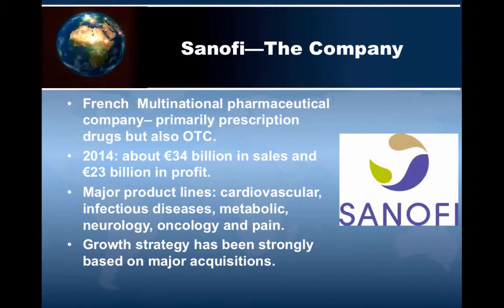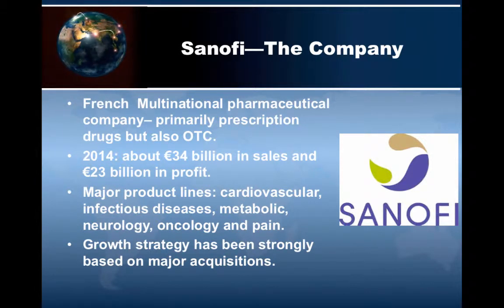Today's episode is about Sanofi, the company, which is a French multinational pharmaceutical company, primarily prescription drugs, but also OTC, which is over-the-counter. It's a pretty darn big business, 34 billion euro in sales and 23 billion euro in profit.